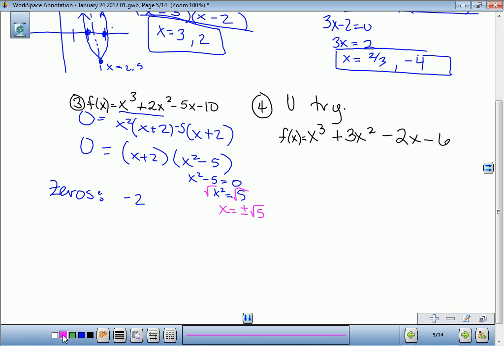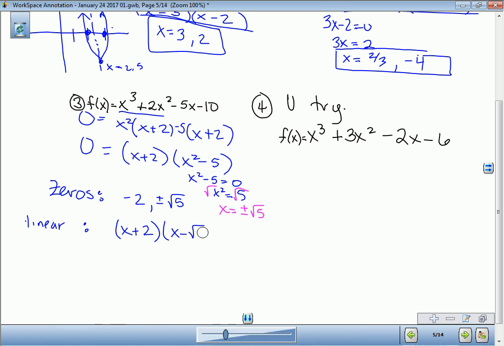All right, so my other two zeros are irrational, plus or minus root 5. So if I were to ask you to write the complete linear factorization, it would look something like this. X minus -2 makes it x plus 2. X minus positive root 5. And x minus negative root 5.